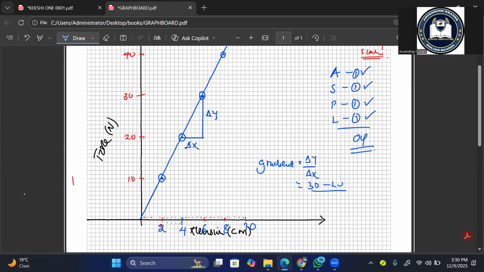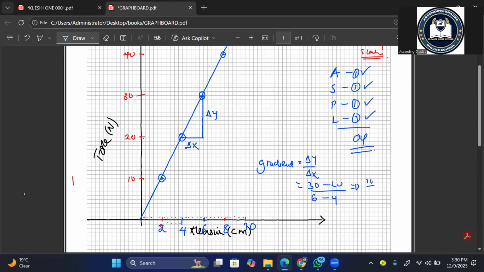And the change in x will be from 6 minus 4. So this brings a total of 10 divided by 2.